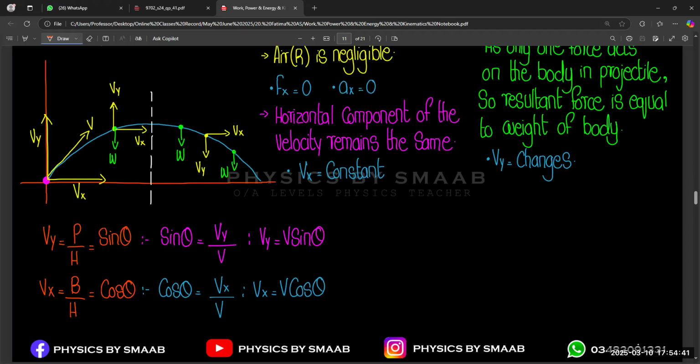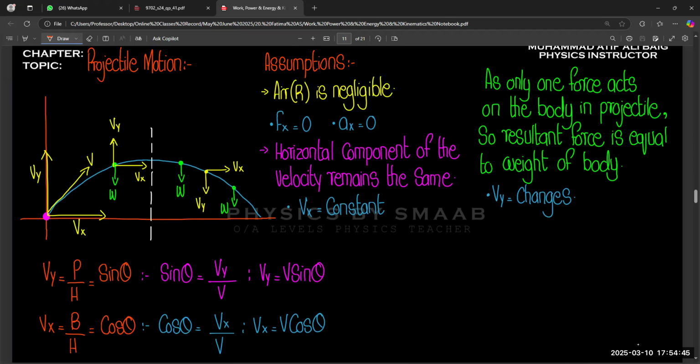In dynamics, we talk about forces. So in this motion, we have only one force already, that is the weight of the body, and that is already understood, which can be calculated from the formula W equals mg, right? For example, if you consider questions related to projectile motion, you will get this type of questions.